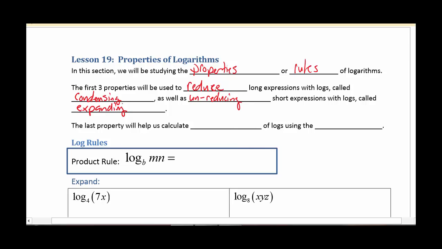The last property will help us calculate estimates of logs using a calculator.